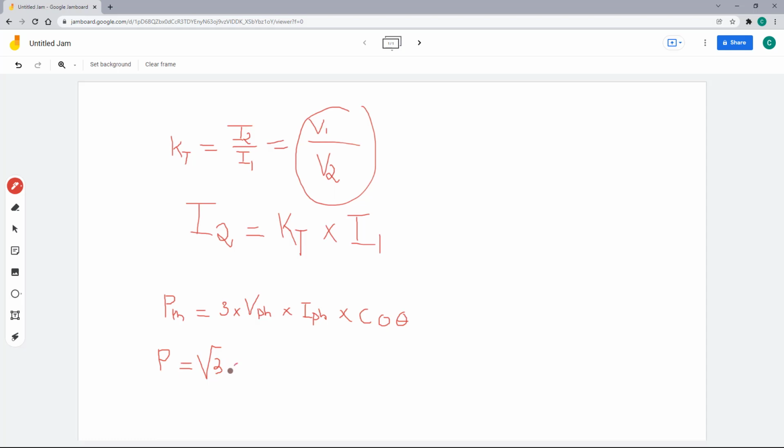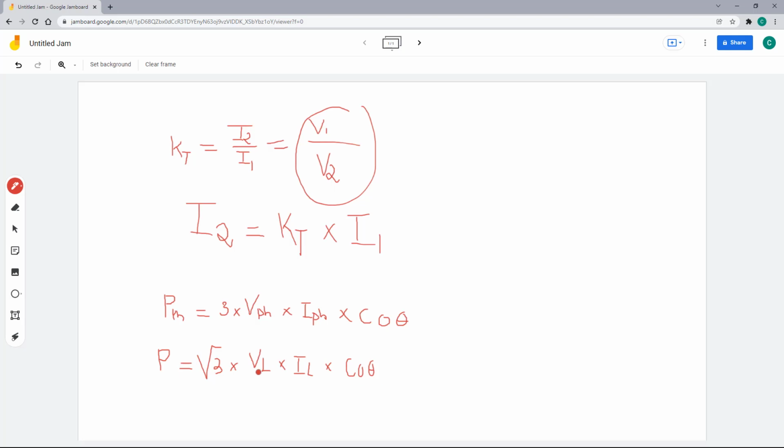But this time now, you're going to use the line voltage. So that's now going to be V line times I line. And also, indeed, don't forget to include your power factor so that you can get the correct value.